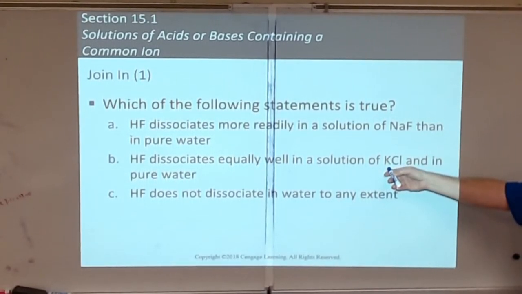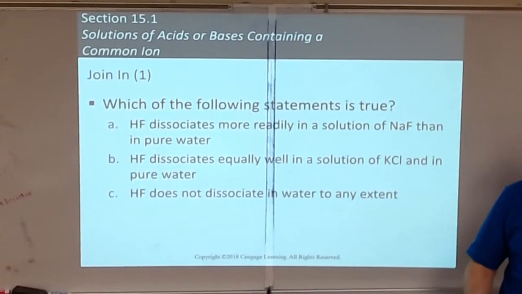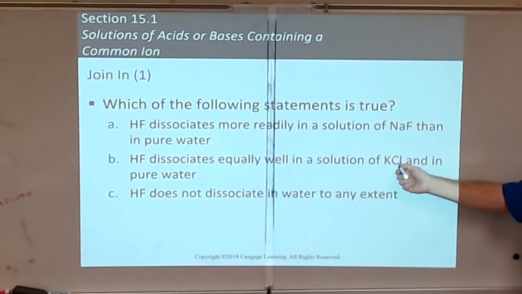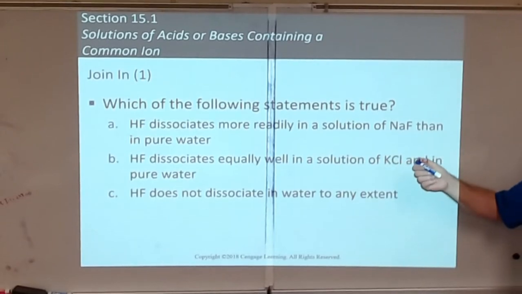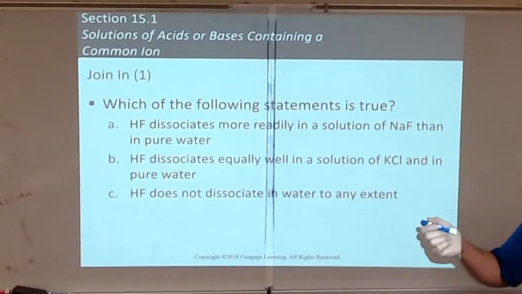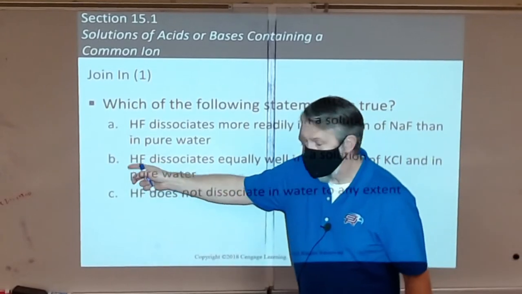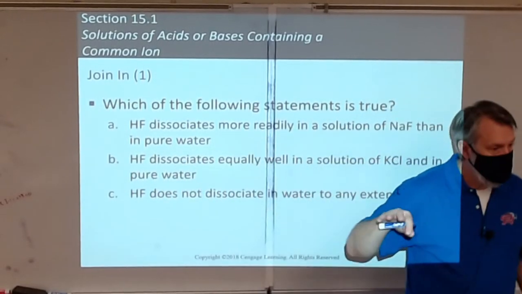It's a strong base, so it falls apart completely, which means the potassium is going to have no effect on the hydroxide. What about hydrochloric acid? Strong acid, so it's going to have no effect on the hydrogens. So if I have no effect on the hydrogen ions, no effect on the hydroxide ions, and I'm not a common ion to the acid, I'm going to have no effect at all.